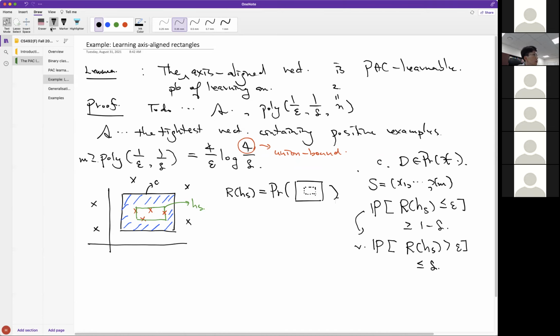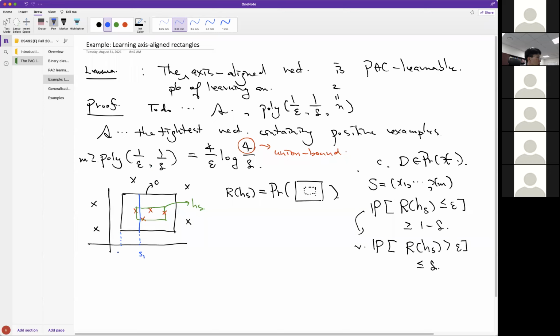The first split will be based on each axis. For the first axis we will split something like this. Find some point here that's going to be S1.